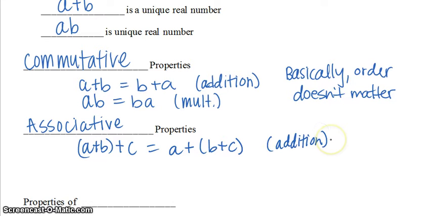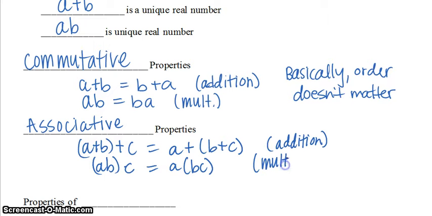And then we have the same one for multiplication. So it's basically A times B, then you multiply times C. It's the same as A times B, C in that parentheses. So again, you could do the first two, multiply those, and then multiply the last one, or you can multiply the last two and then do the first one. Again, they're the same thing. You're going to get the same answer. And this is only for addition and multiplication.